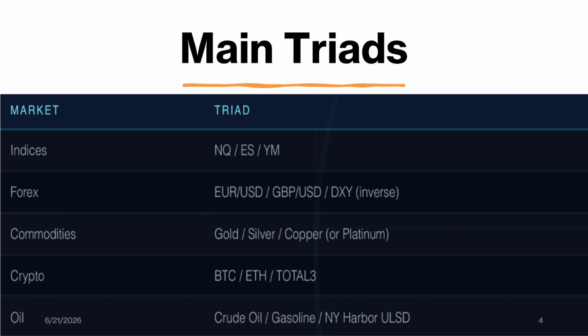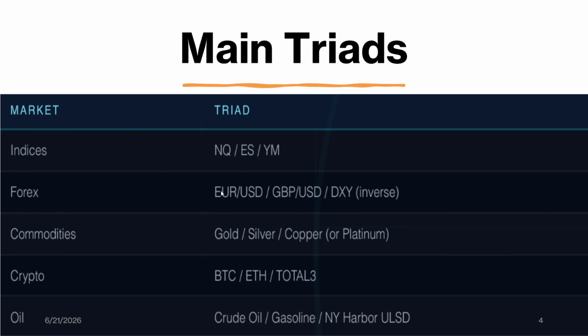Now, this is what's beautiful about quarterly theory. It doesn't matter what you trade. It doesn't matter what market you trade: indices, forex, commodities, crypto, oil. Doesn't matter, guys. And these are the trades. If you trade indices, just like I do, for example NQ, ES, and YM, your focus shall be on NQ, ES, and YM.